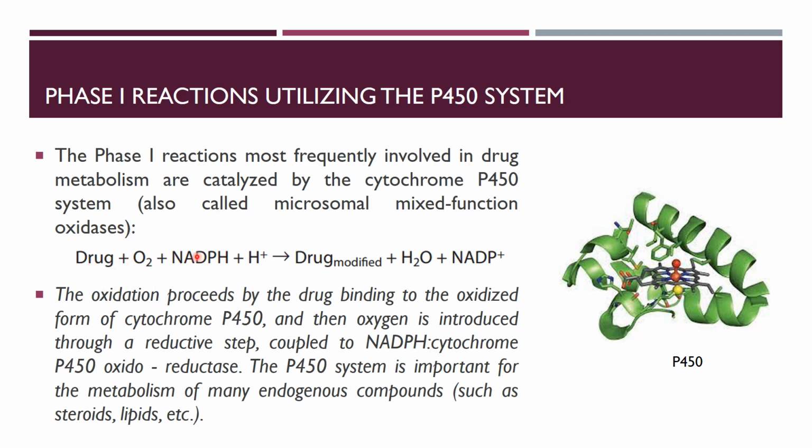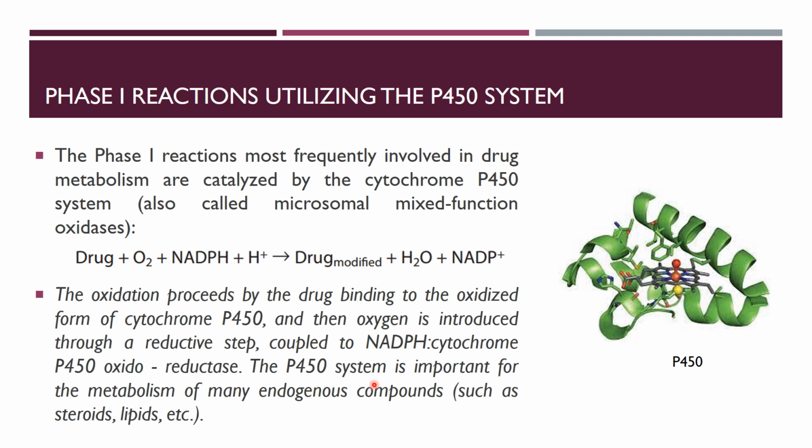Drug oxidized becomes drug modified. The oxidation proceeds by the drug binding to the oxidized form of cytochrome P450, and then oxygen is introduced through a reductive step coupled to NADPH cytochrome P450 oxidoreductase.